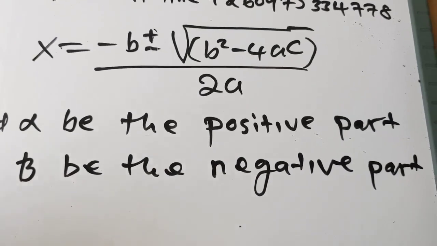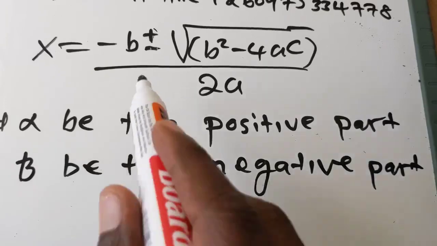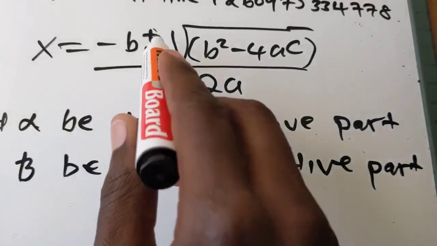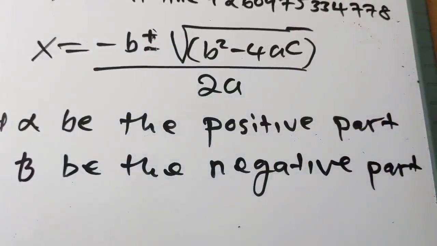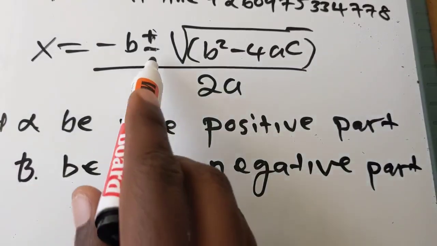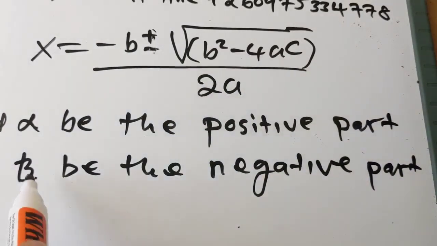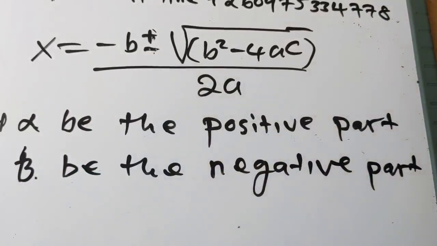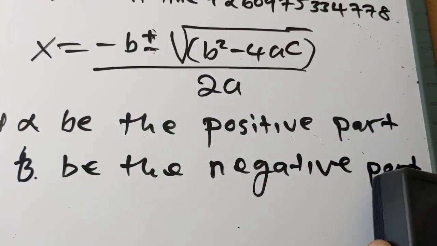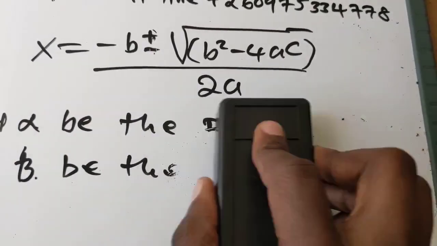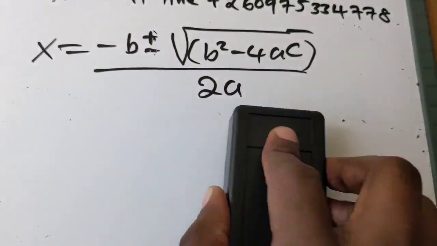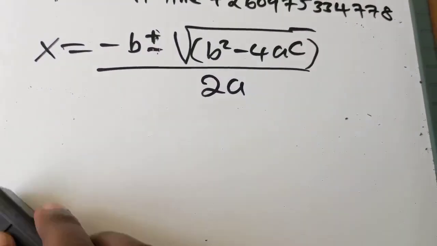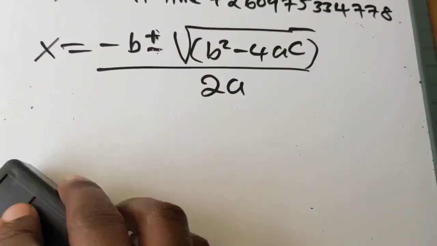Are we together? I hope you are following me very well. So alpha is the one that carries the positive part there, and beta is the one that carries the negative part. These were the points to note on that question.